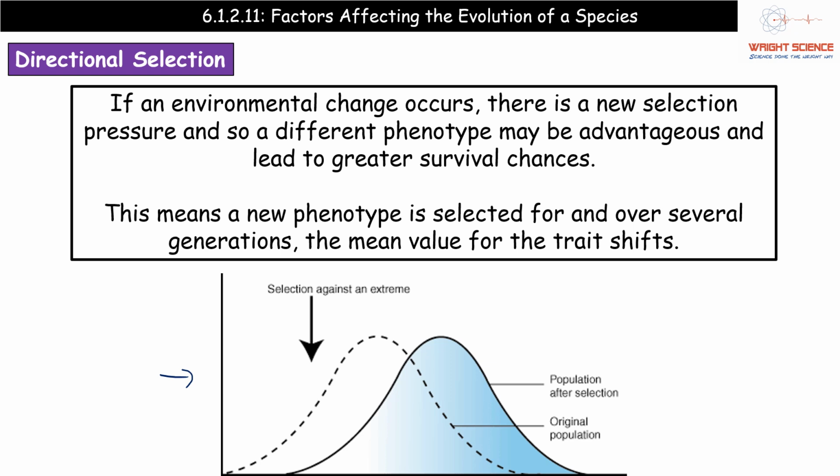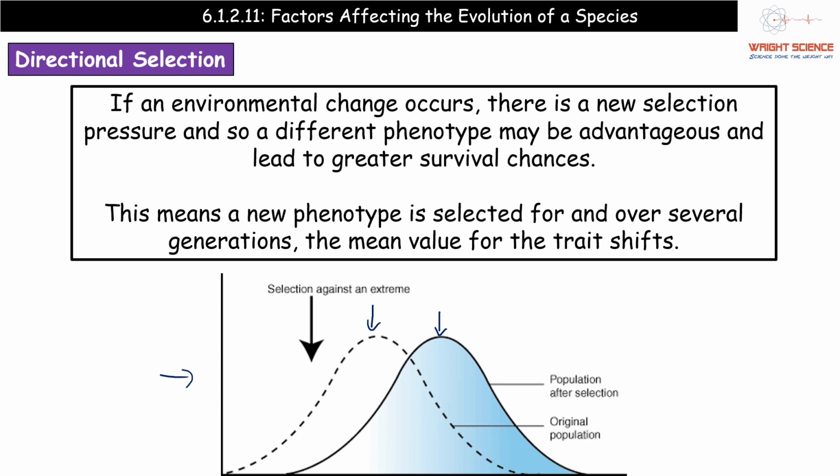As a result, we no longer have the majority of the population with this allele. Instead, we've shifted it to here. So with directional selection, you're going to see this sliding of our curve, either left or right, depending on what the change is and whether it is an increase or a decrease in that particular phenotype that is going to be beneficial, and therefore the curve moves.